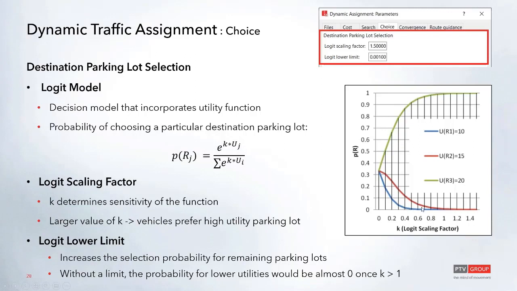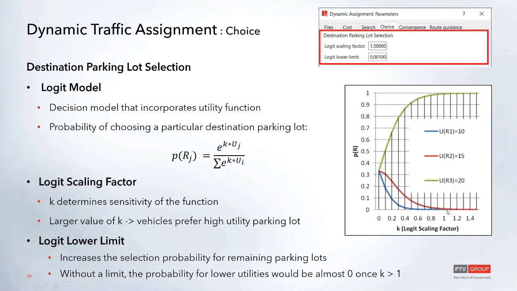However, as K increases, you can see it starts to really prefer that high utility parking lot. Based on these functions, you also have to set a lower limit value. Essentially, this just allows a chance for these lower utility functions to be selected.